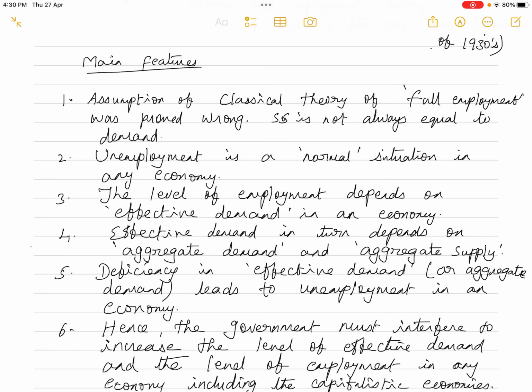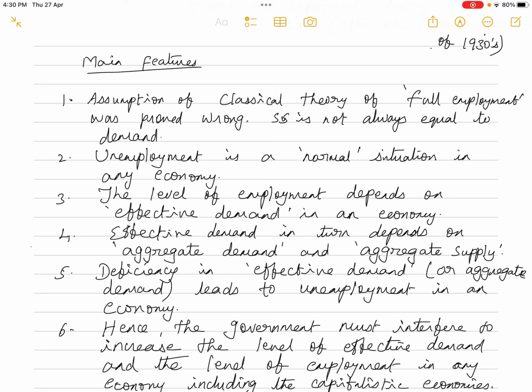When people are unemployed and don't have any income to purchase, how will they demand goods and services? Since there was no demand, and already there was oversupply, the producers were not willing to produce anymore, which resulted in more and more unemployment in the country. So supply was not able to create its own demand.